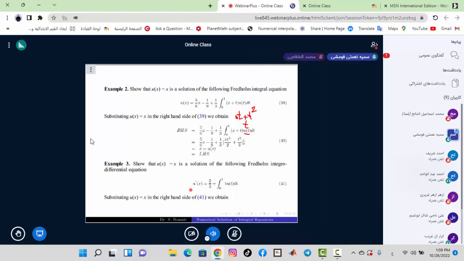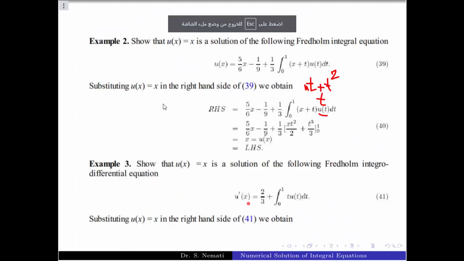In this integral differential equation, check it please, and actually this integral differential equation is of Fredholm type because the lower bound and upper bound are fixed or constants. We want to show that the function x is a solution of this integral differential equation.